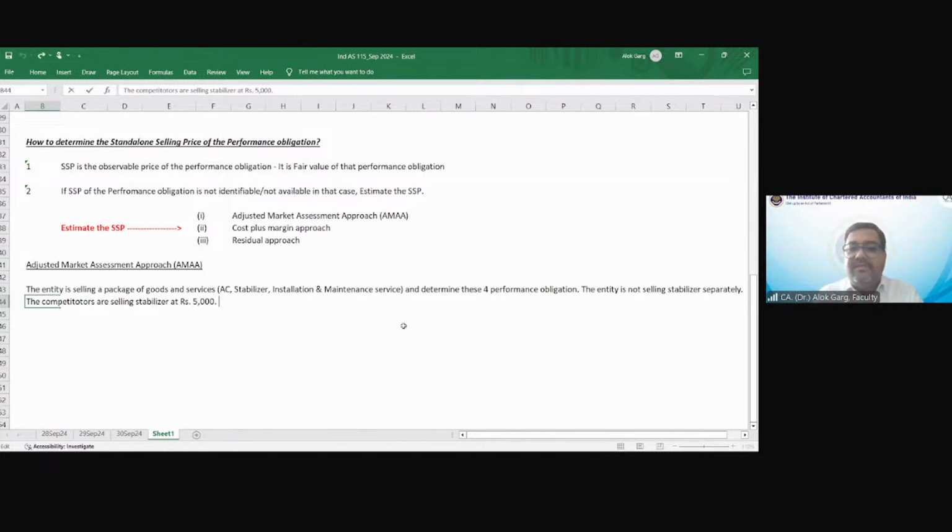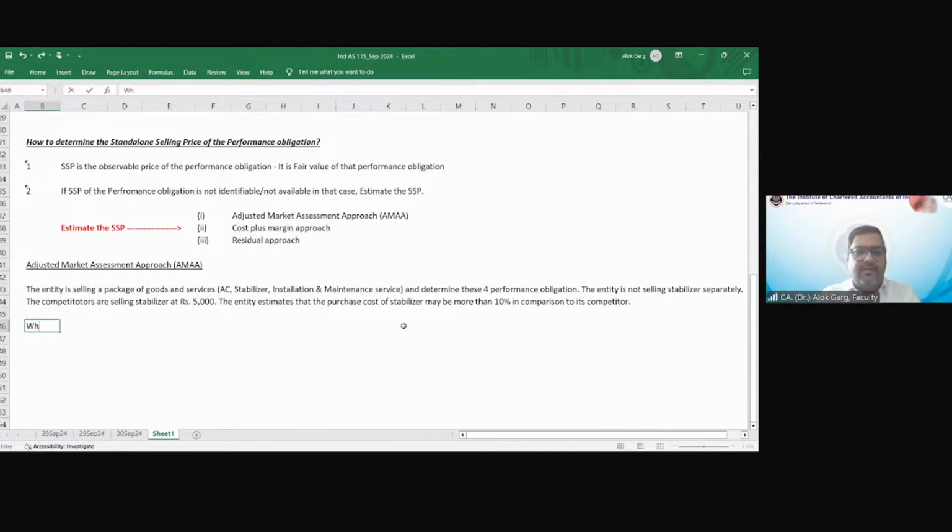The competitors are selling the stabilizer at 5,000. The entity estimates that the purchase cost is higher compared to its competitor. Probably when the entity purchased the goods, AC, stabilizer, everything as a package, it paid more than 10%, right?